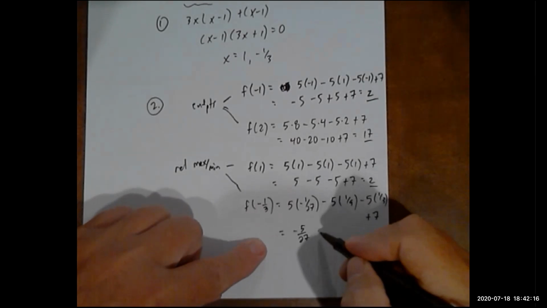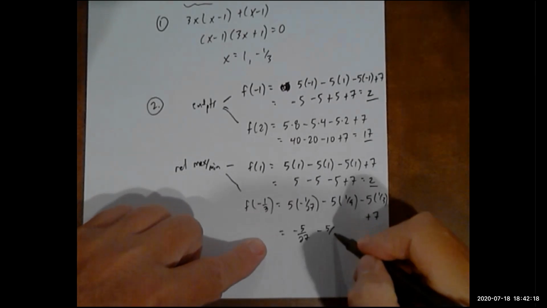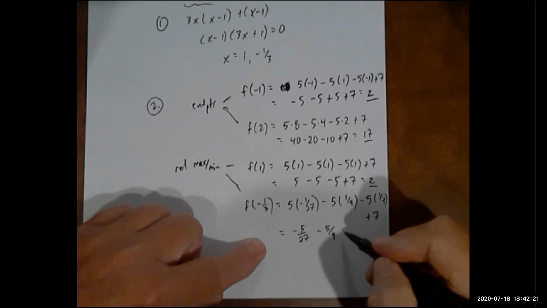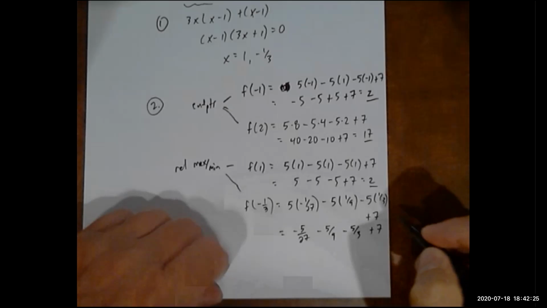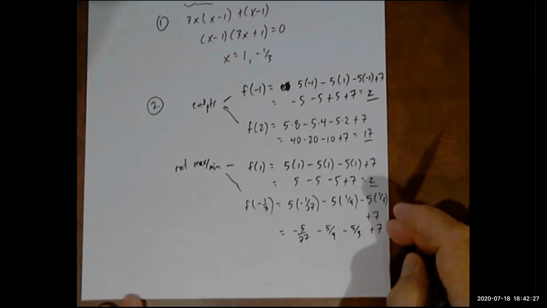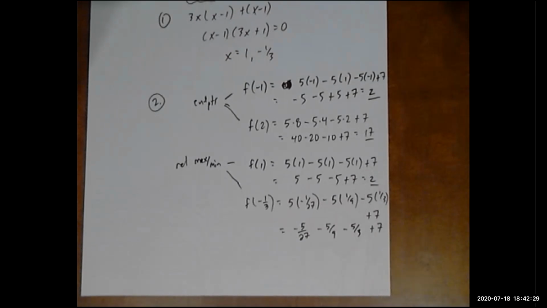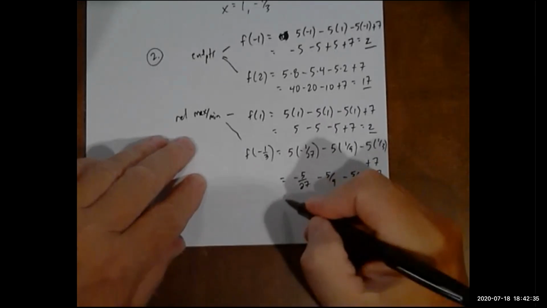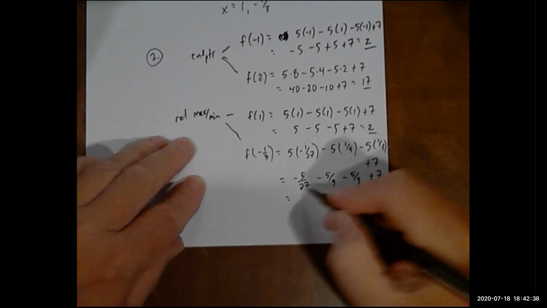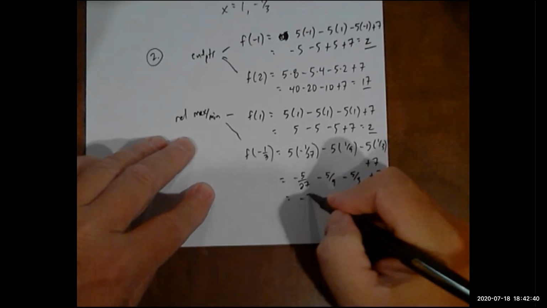-5/27 minus 5/9 plus 5/3 plus 7. I wonder if it asks for these answers in decimal or fraction. So if I want to combine these, I need a common denominator of 27.